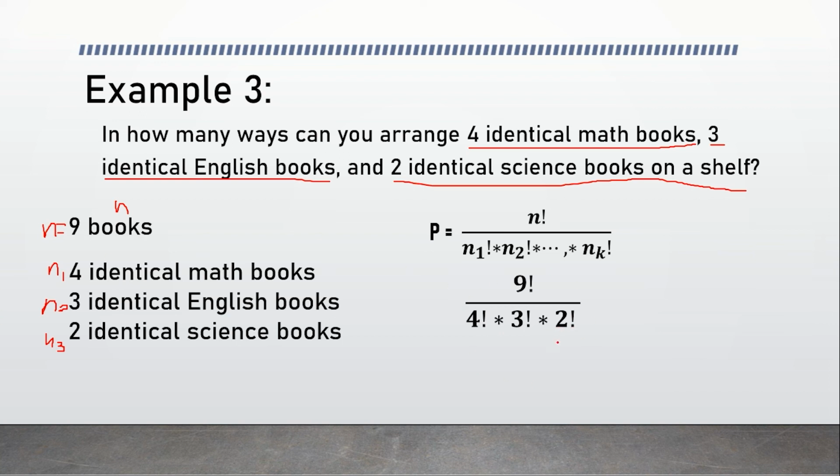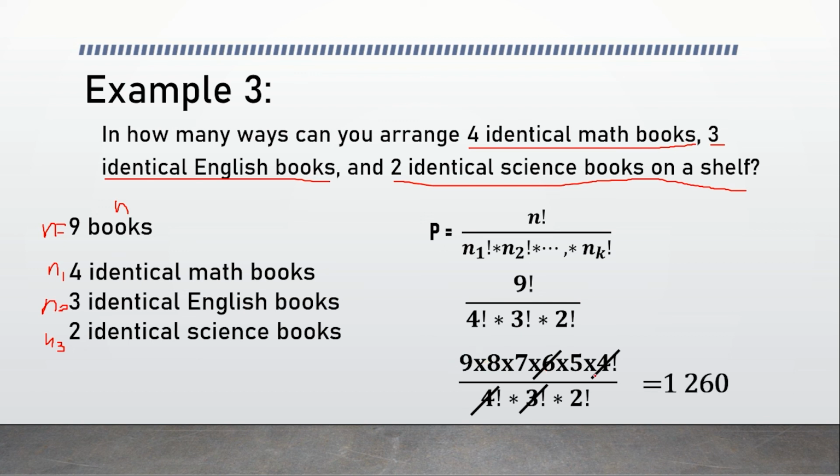Kapag in-expand natin yan, we will have 9 times 8 times 7 times 6 times 5 times 4 factorial. Nag-end tayo sa 4 factorial since yung pinakamalaking value na nasa denominator natin is 4 factorial. By using cancellation, we will cancel this 4 factorial. Kapag in-expand din natin tong 3 factorial, maka-cancel dito yung 6 since 3 times 2 is equal to 6. Kapag in-evaluate natin to, we will come up with 1,260.